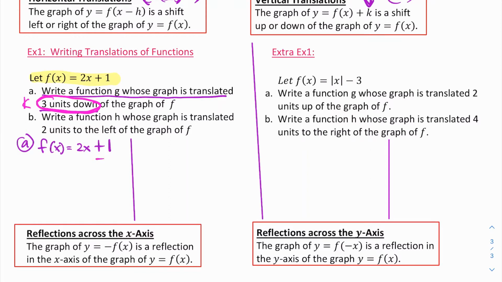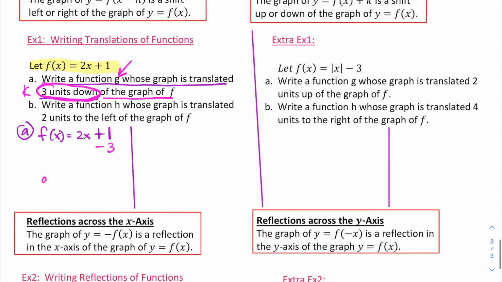That means we're going to subtract 3 from the k value. Now this is a g function, so g of x will equal 2x minus 2. So we applied the 3 units down, and this was the result. Our new answer is the g of x equation.